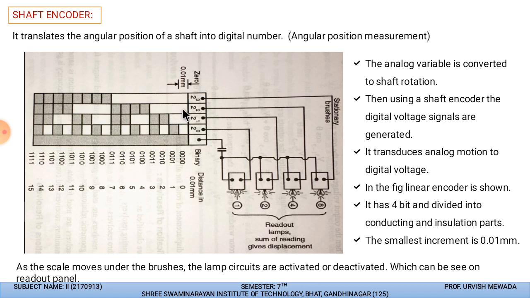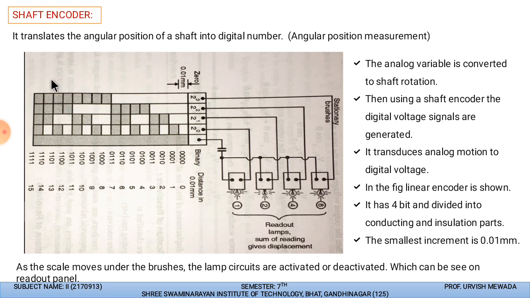Say we put a light on the upper side and the sensor on the opposite side, then it senses the light and shows the output in terms of binary. Basically, such a shaft encoder translates the angular position of the shaft into a digital number. We use it for the measurement of the angular position of a motor.